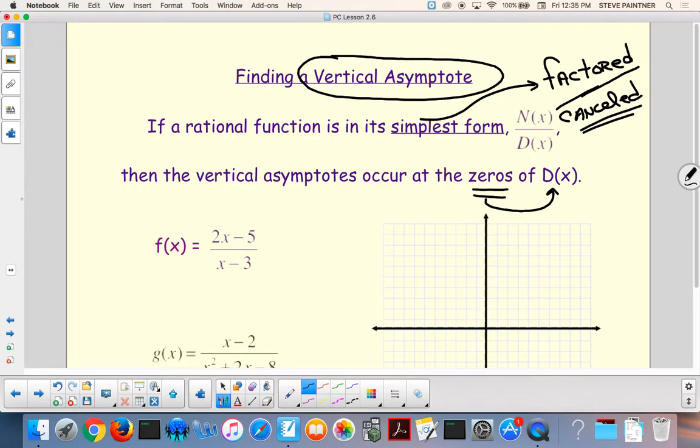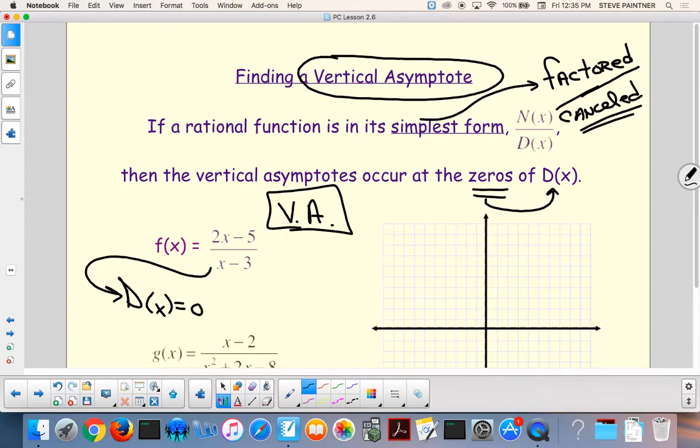Okay, so this one. Is it factored on top? Yes. Factored on the bottom? Yes. So it's in simplest form. All you have to do to tell me the vertical asymptote is tell me the zero in the denominator. So set your denominator equal to 0. That's all you have to do. x minus 3. When is it 0?